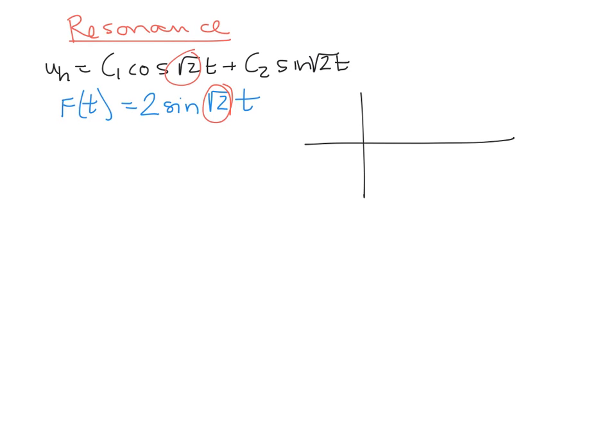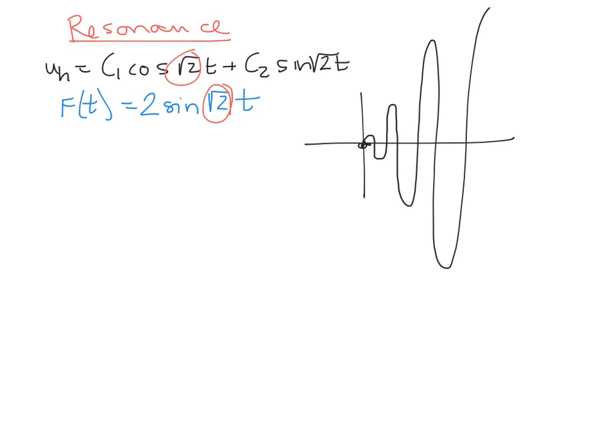Graphically, you can start at 0 and this thing's going to oscillate, but the forcing function is going to push that natural motion higher and higher and higher. And so really what ends up happening in real life is that stuff breaks.